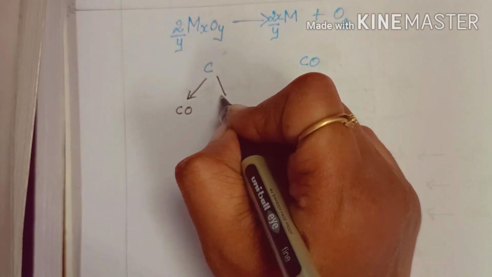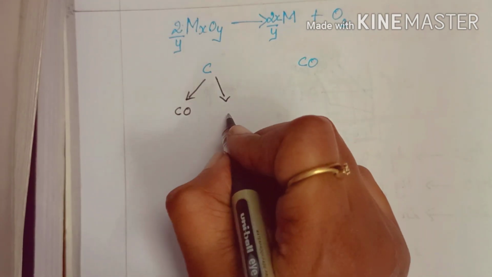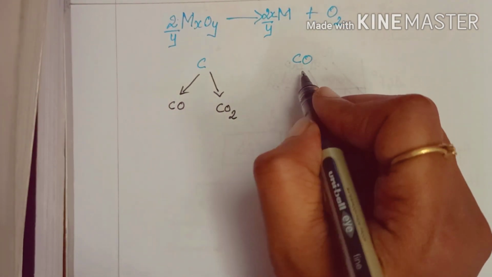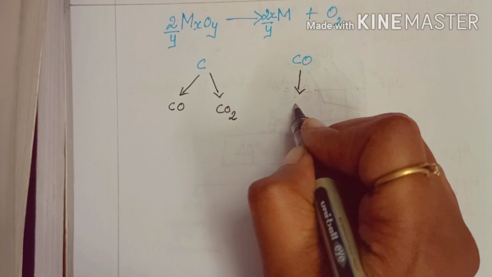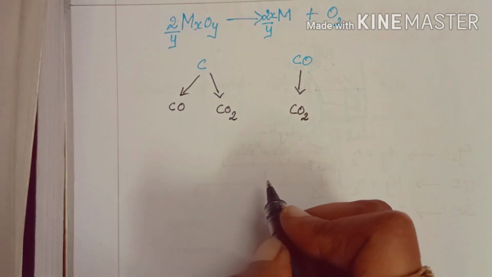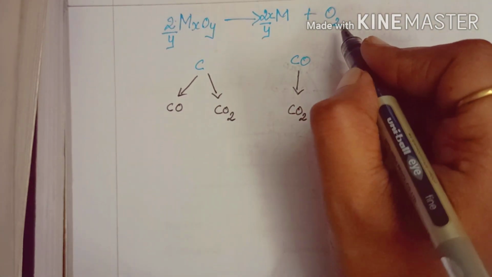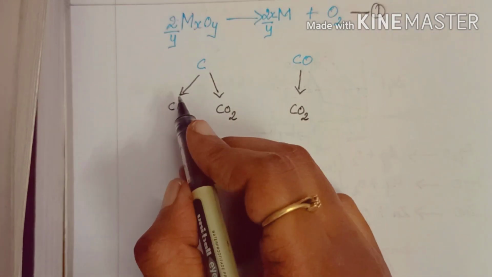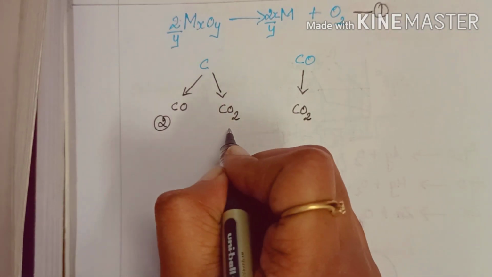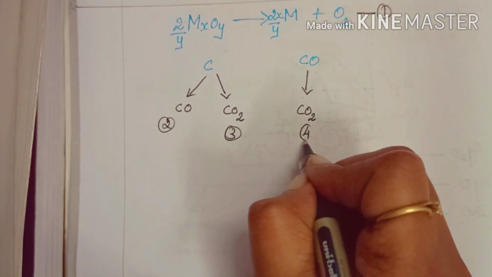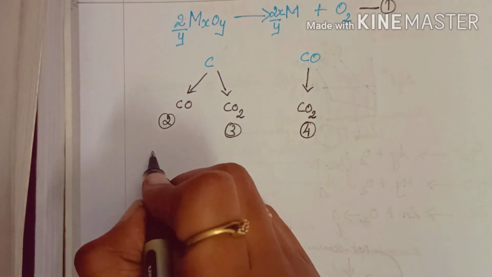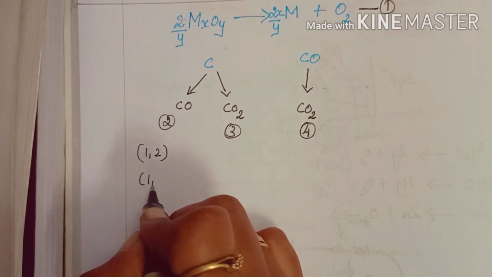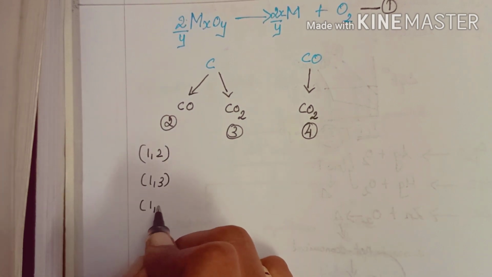If 2 oxygen is added, then this carbon gets oxidized into carbon dioxide. If this accepts 1 oxygen, it gets converted into carbon dioxide. If this is your first equation, this is your second equation, this is your third, and this is fourth. Now I need to compare 1 2, 1 3 and 1 4.